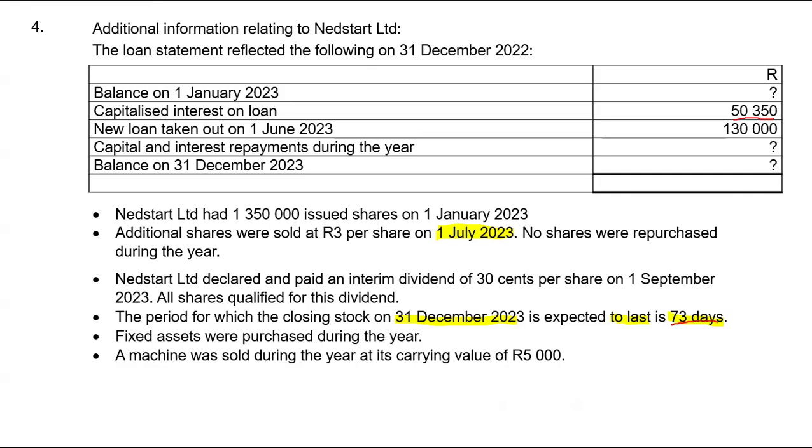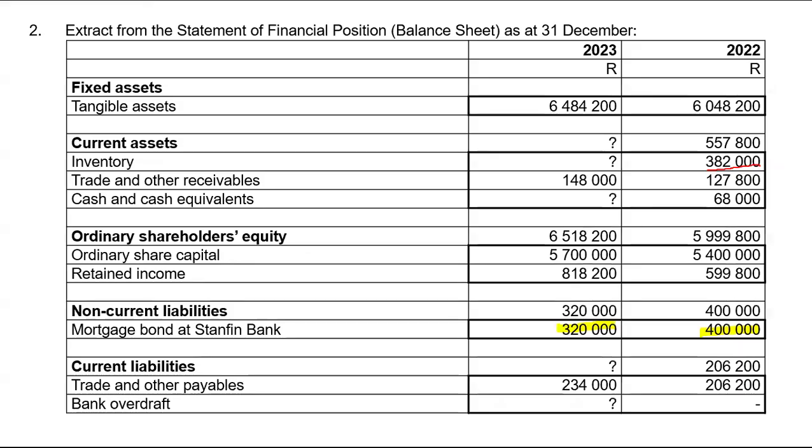Remember what I said to you? We were not given cash and cash equivalent for last year. Actually for last year, it was given to us, which is 68,000, but cash and cash equivalent for the current year was not given. We were also not given bank overdraft, which is a problem to us.